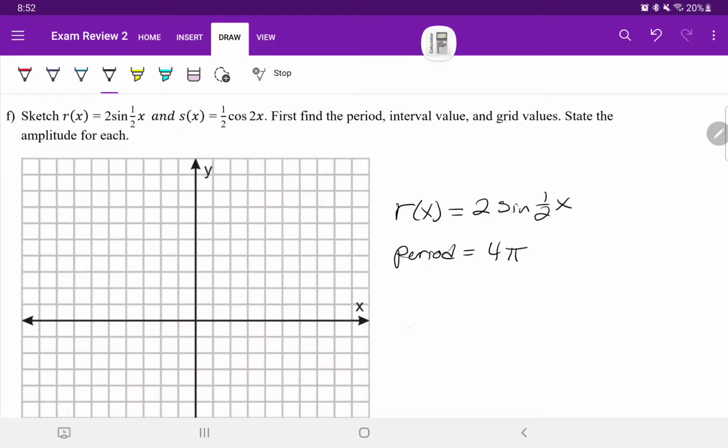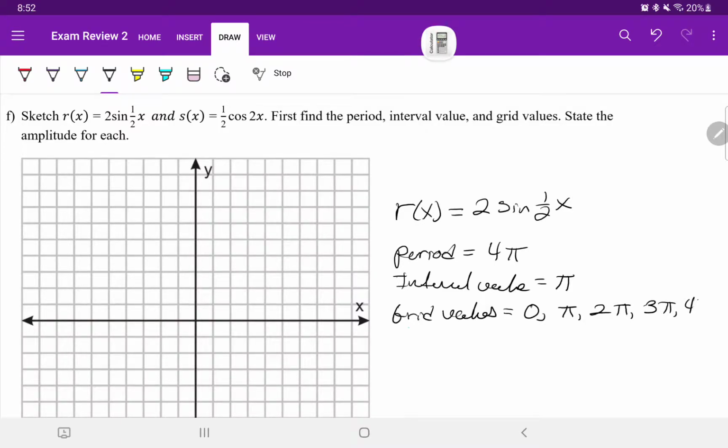That was the first graph we sketched in section E. The interval value was pi. The grid values in this case are 0, pi, 2 pi, 3 pi, and 4 pi.